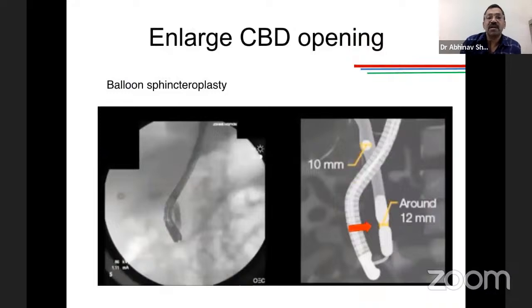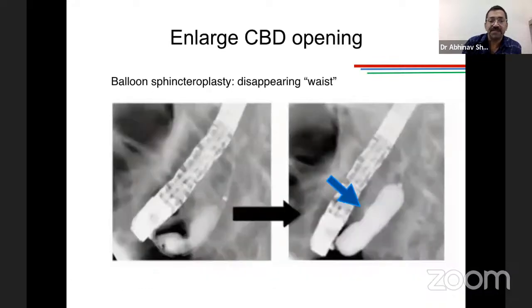The second option to enlarge the CBD opening is balloon sphincteroplasty. So here we can put in a balloon at the sphincter and then we can dilate. There have been studies with only balloon dilatation without sphincterotomy, but it was seen that there were cases of pancreatitis and some of those cases were fatal.